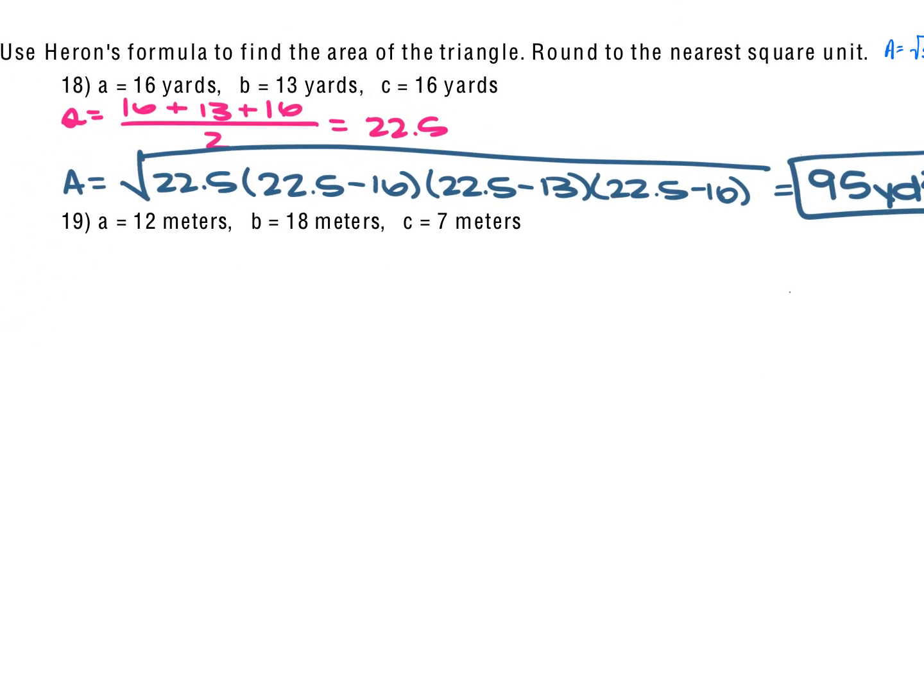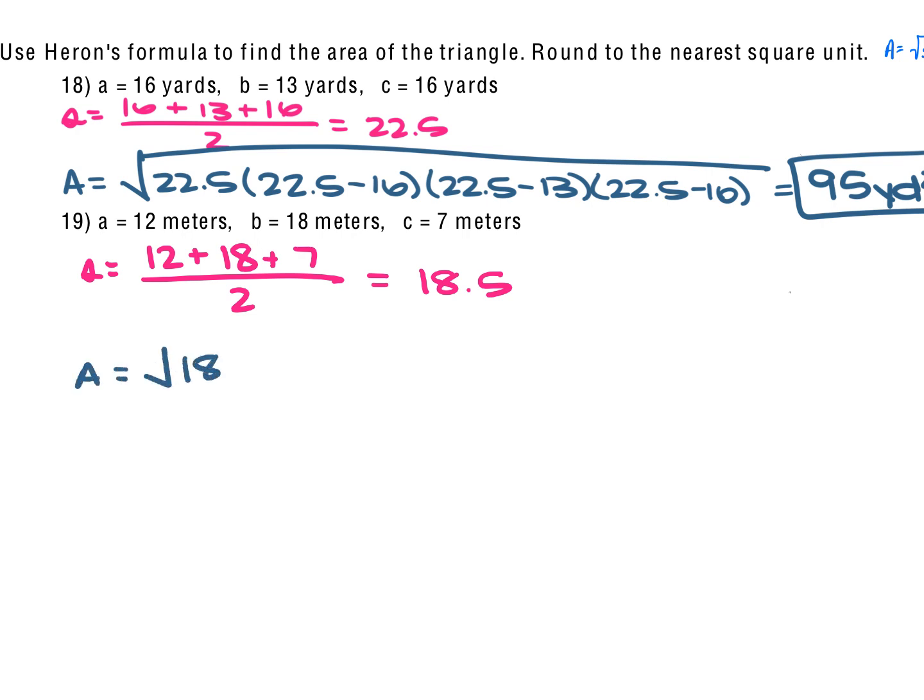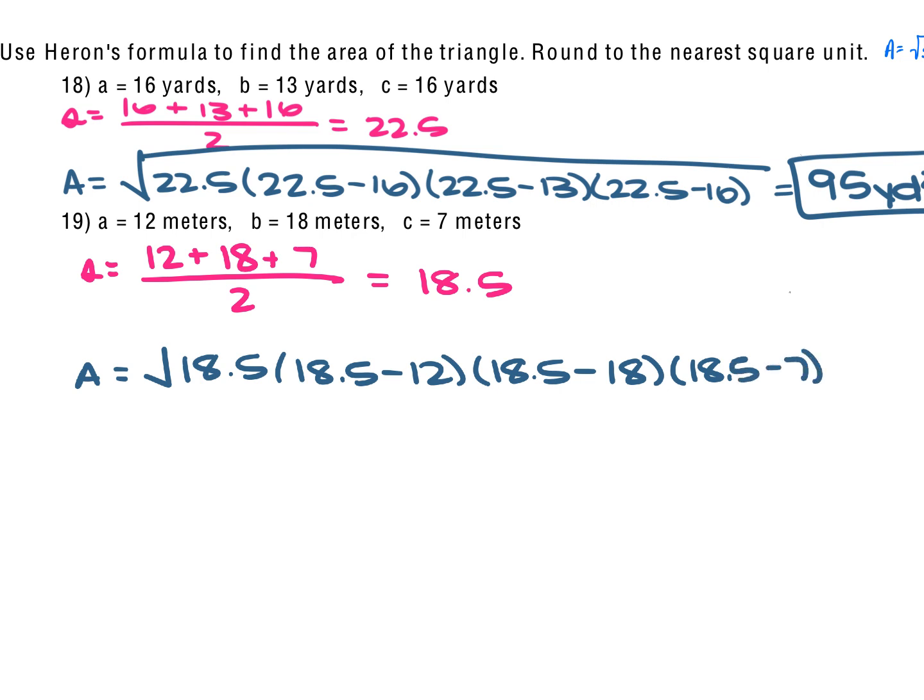For 19, you have A is 12 meters, B is 18 meters, and C is 7 meters. So S is going to be 12 plus 18 plus 7 divided by 2. 12 plus 18 plus 7, all divided by 2, gives us 18.5. So in our formula, we're going to have the square root of 18.5 times 18.5 minus 12, times 18.5 minus 18, times 18.5 minus 7.